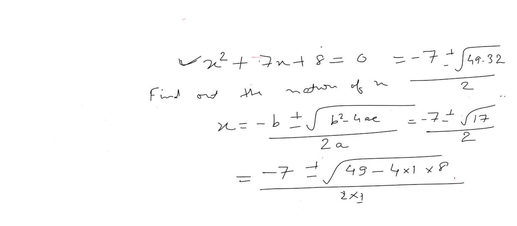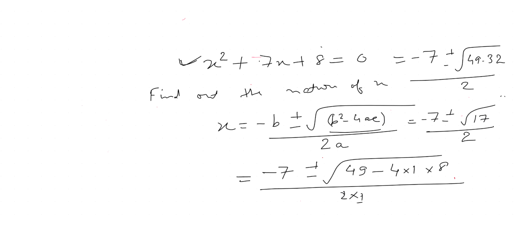Now, in this case, it so happens that b square minus 4ac is more than 0, which means it will have a definite value, and the value is root over 17. When this root over 17 is further solved with the remaining numbers, you get two values of x, because minus 7 plus and then minus 7 minus.